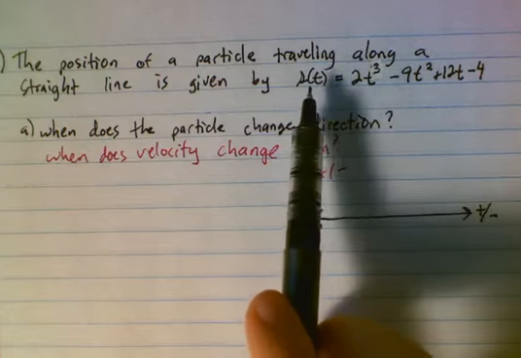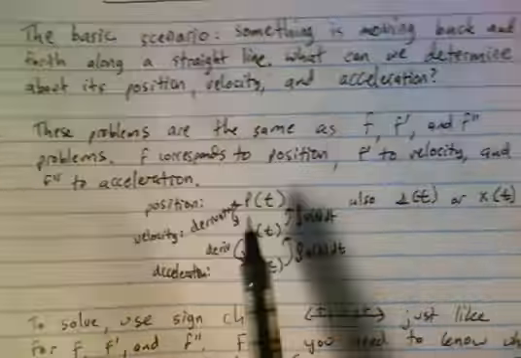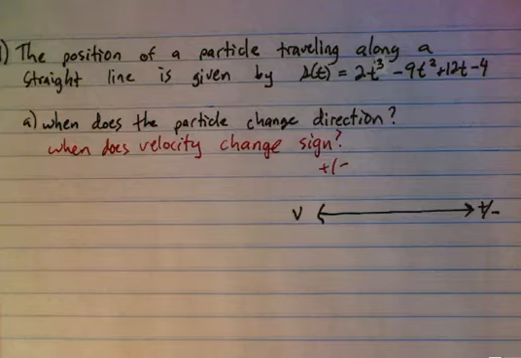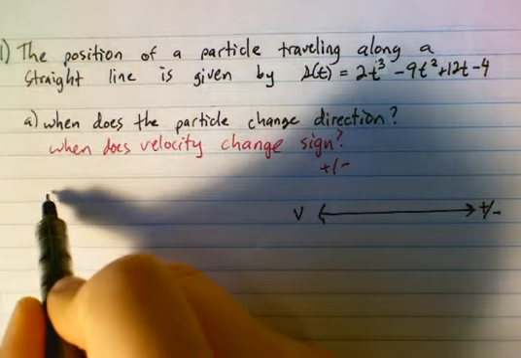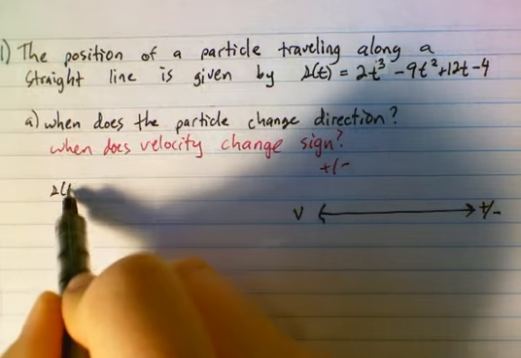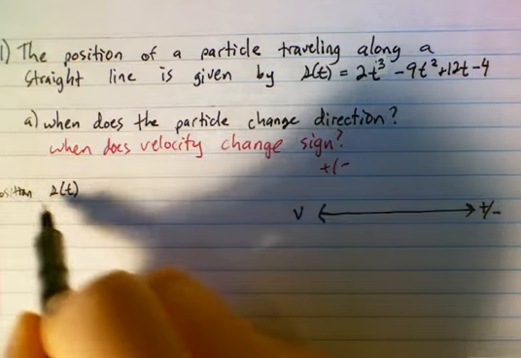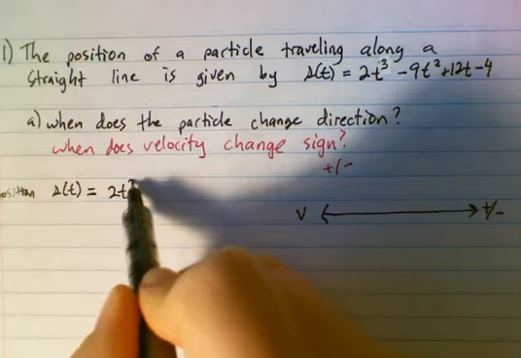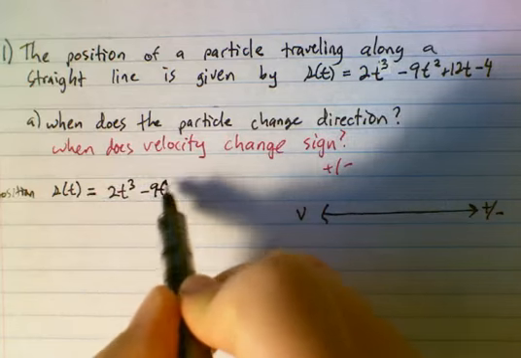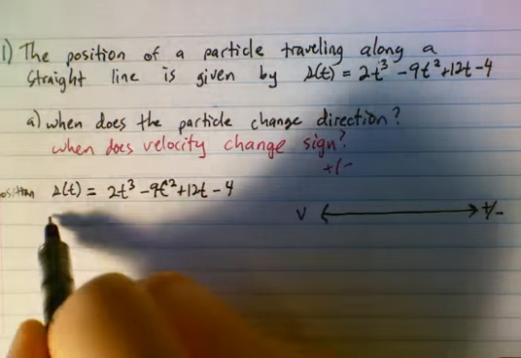So I have position right now. And the thing that I have to remember is that to get velocity, I just have to take the derivative. Just like if I had f, I would take the derivative to get f prime. So if s of t, position, is 2t cubed minus 9t squared plus 12t minus 4.